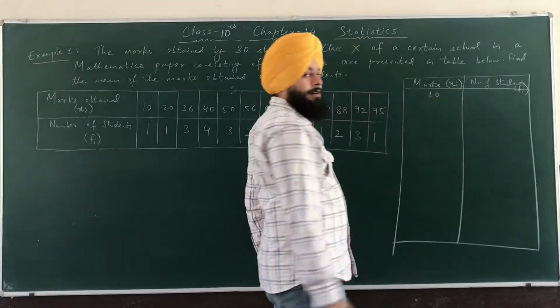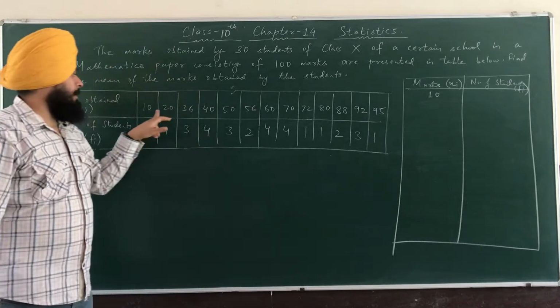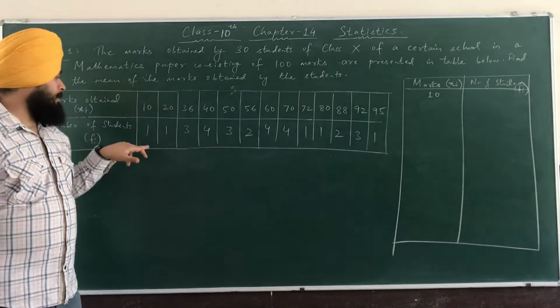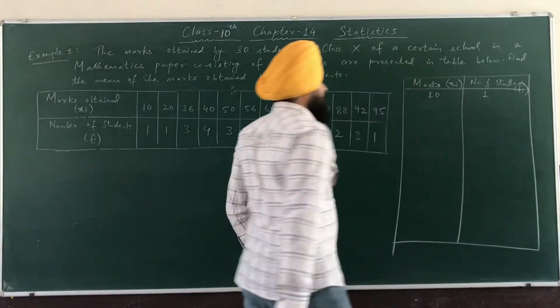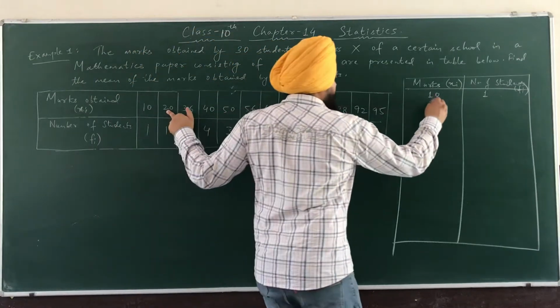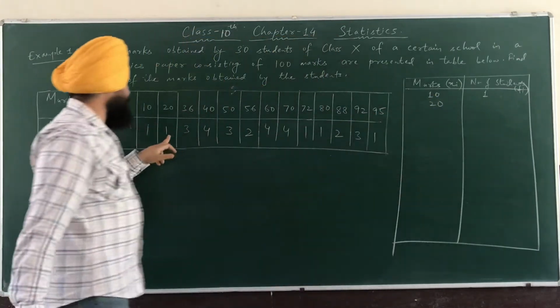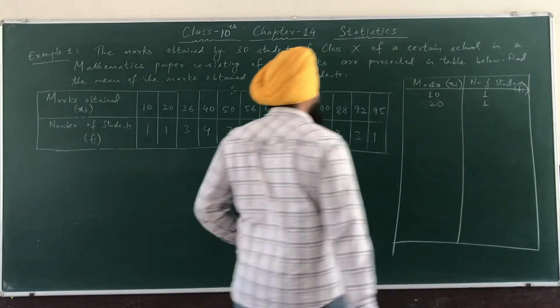Which is the lowest mark out of 100. ठीक है. 100 में से सबसे जो कम मार्क्स आए हैं that is 10. और वो कितने बच्चों के आए हैं? Only one student. So you will write 1. Next, 20 marks were got by how many students? Only one student again. So write 1.